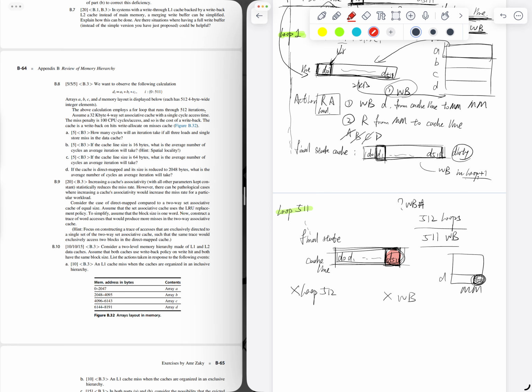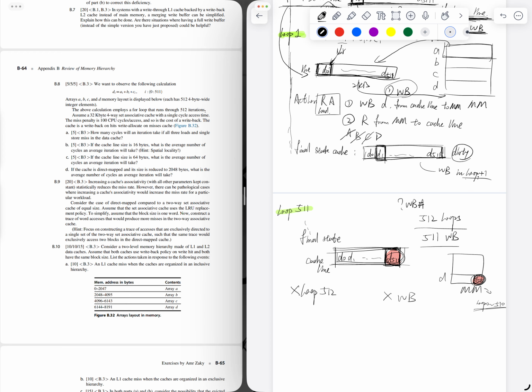Because this D511 is being modified, while in the main memory, the 511 did not change. It just keeps the same thing from loop 0 to loop 510, right?